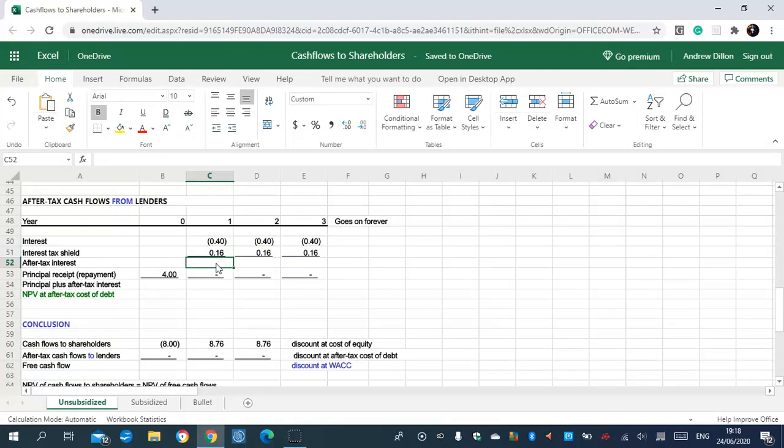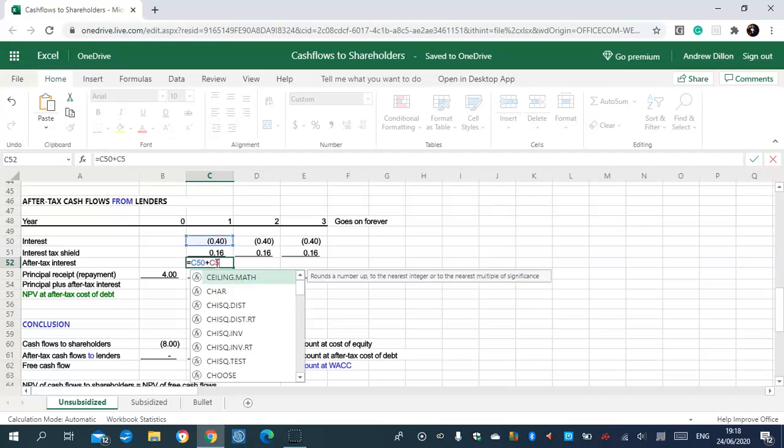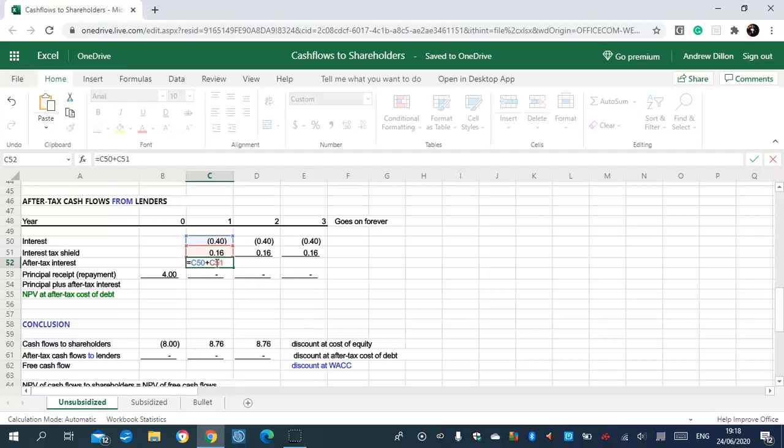Okay, now go into after tax interest. It is interest plus interest tax shield.